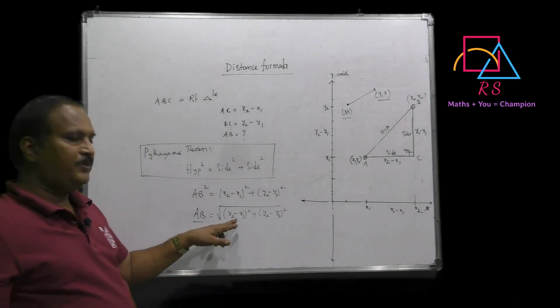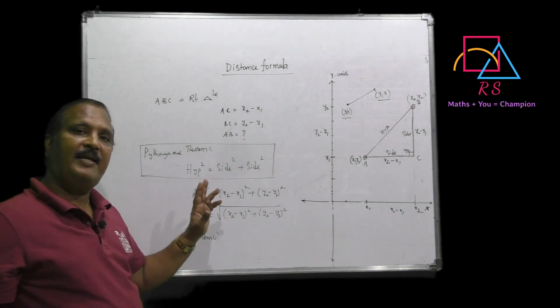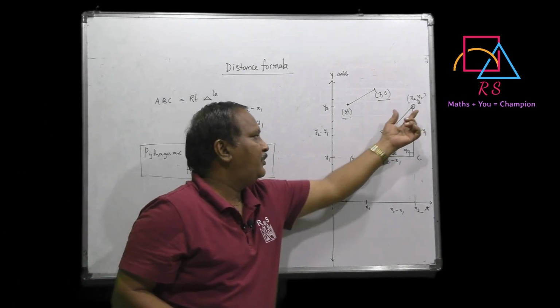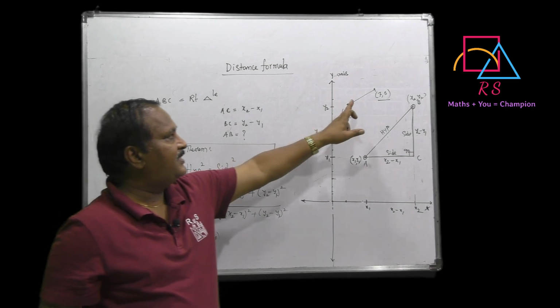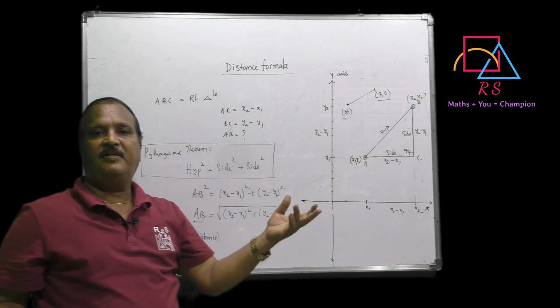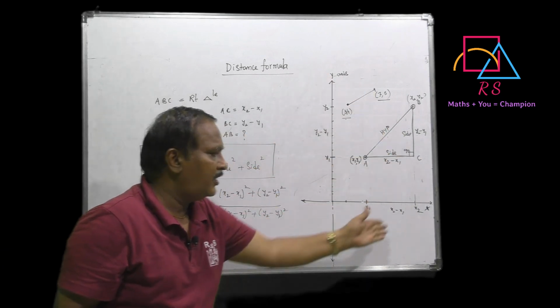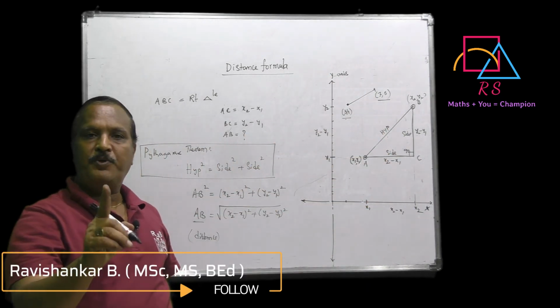You can use it like a formula with x1 y1 and x2 y2. You can find the distance between any two points which are there in a coordinate plane. I hope you have understood.